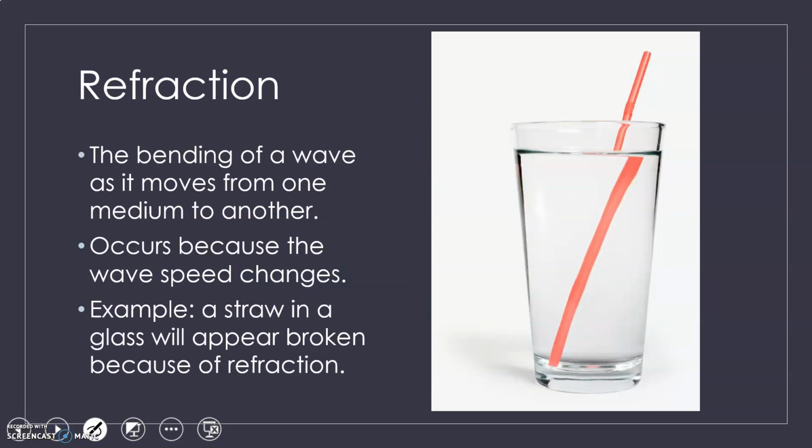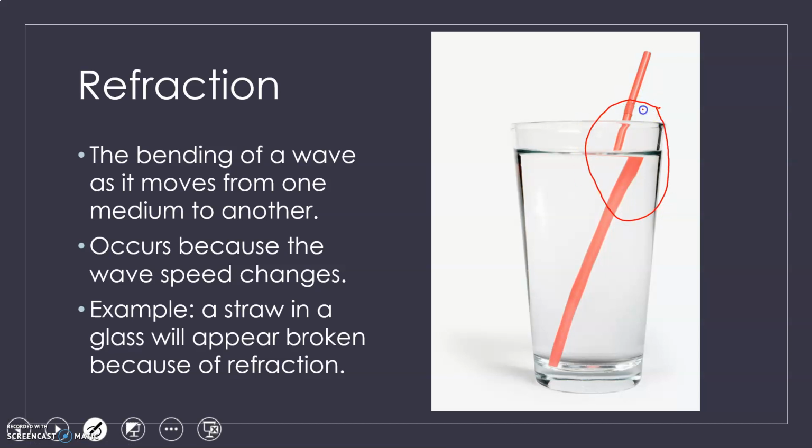And then we have refraction. You've probably seen this before, you just maybe didn't know the name of it. It is the bending of a wave due to moving from one medium to another. So for example, we have a straw here, and we are looking technically through 3 mediums.